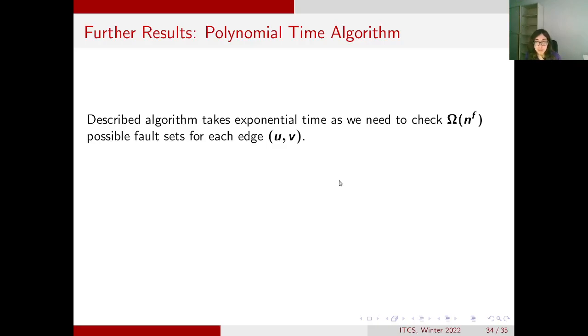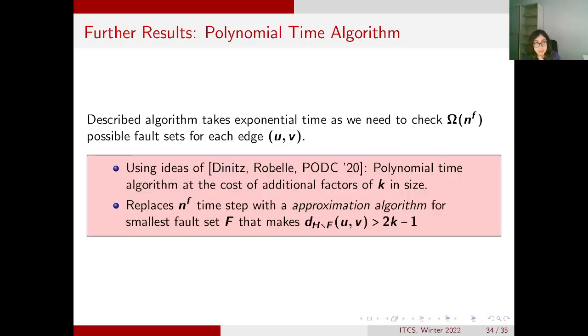Finally, the other thing to note is that the algorithm I gave you takes exponential time because for each edge UV, we need to check n to the f possible fault sets when we decide whether to add the edge. This is exponential in f, so this is not desirable. To make this algorithm polynomial time, we use ideas by Dinitz and Robelle, which lead to a polynomial time algorithm at the cost of some additional factors of k in the size.